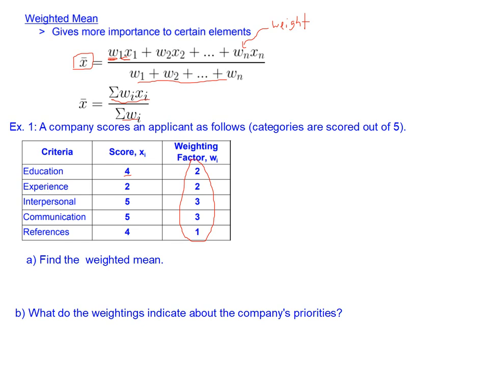So just using the equation from above here, we know that the mean, I'm going to write that down below because I think that'll be a little bit easier. So x bar is the sum of all of the weights times the x values, the individual values, divided by the sum of the weightings.